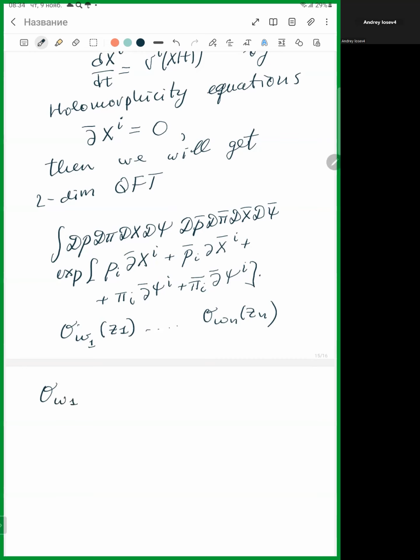So O omega 1 at point Z1 is nothing but omega 1 computed over X that depends on point Z1, and also psi that depends on point Z1, where this is differential.